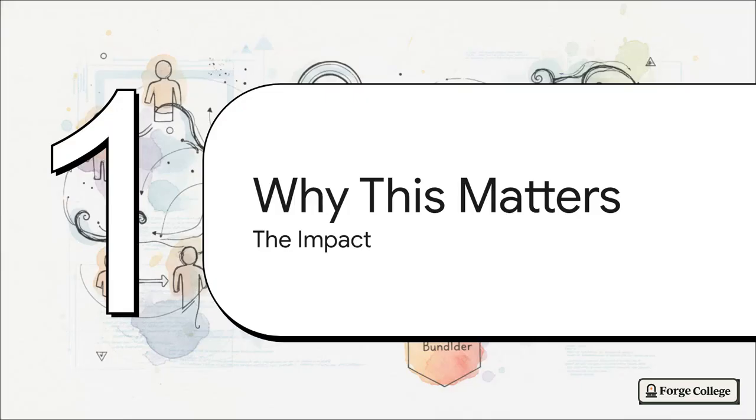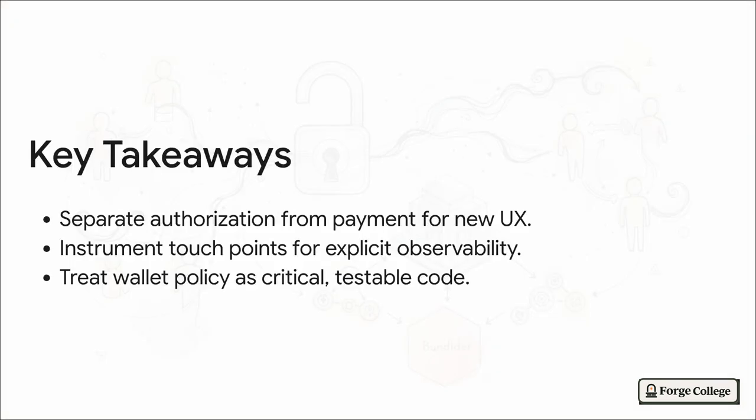Section 6. Why this matters. The impact. So you might be wondering, why go through all this trouble to completely redesign the transaction pipeline? Why add bundlers and entry points and paymasters? Well, because the payoff is massive. By separating authorization from payment and by treating your wallet's policy as upgradable, testable code, you unlock some truly incredible user experiences.